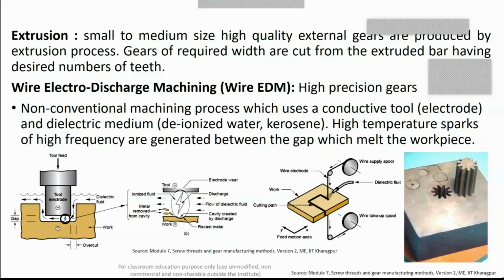When the spark is established, this high temperature causes the expansion of the fluid medium, and when the spark gets extinguished for a few microseconds or nanoseconds, this expanded fluid medium collapses and a very high shock wave is created, which impinges on the surface where the spark has caused melting of the material. From one side, you are continuously supplying the dielectric medium, which removes the swarf, the molten material or small chips created on the surface due to melting.